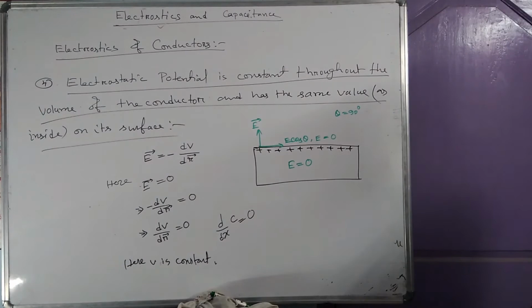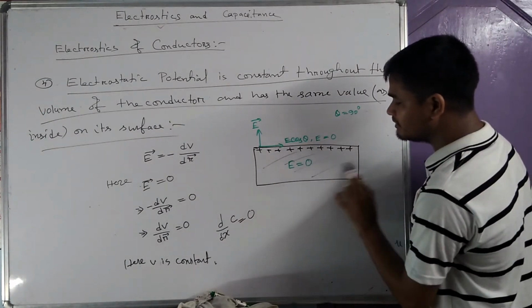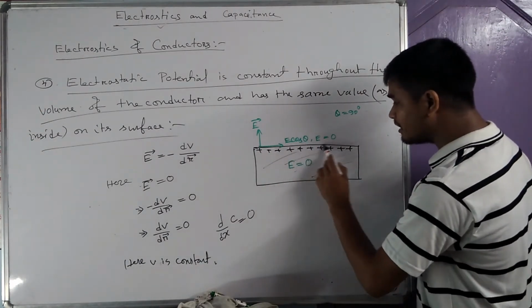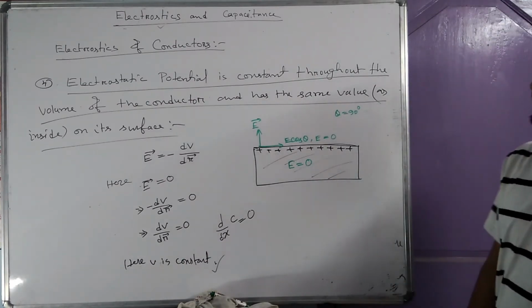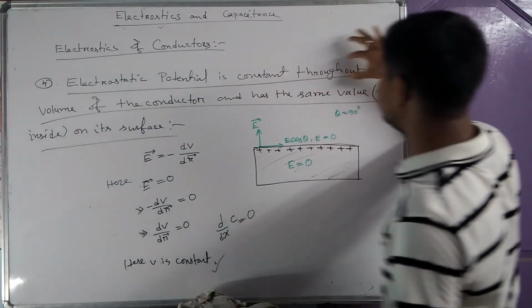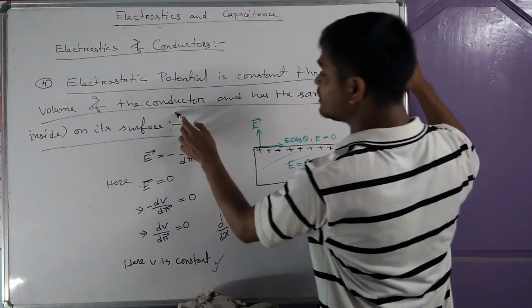V is constant means inside the conductor, and on the surface of the conductor, the potential is constant. Electrostatic potential is constant throughout the volume of the conductor.